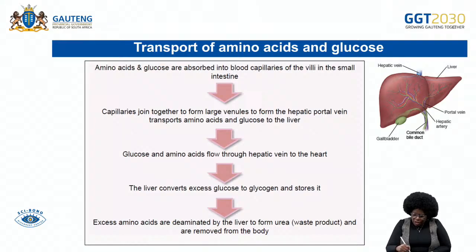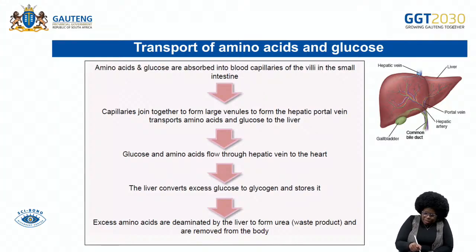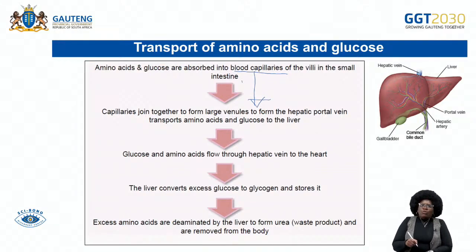I want to just make you familiar with this. Amino acids and glucose are absorbed into the blood capillaries of the villi in the small intestine. Then, these capillaries that we're speaking about join together to form larger venules, right?